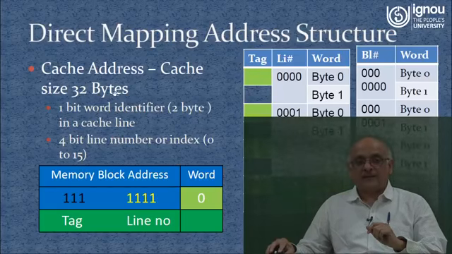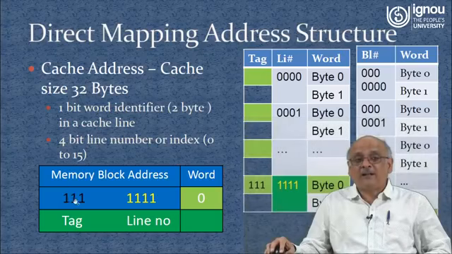So 8 possible values are there for this tag number, which represent the different blocks of main memory that can stay in this particular location. One is presently here, but others can also stay in this cache location, because the cache lines are fewer and the memory size is larger. This is what the mapping is all about.